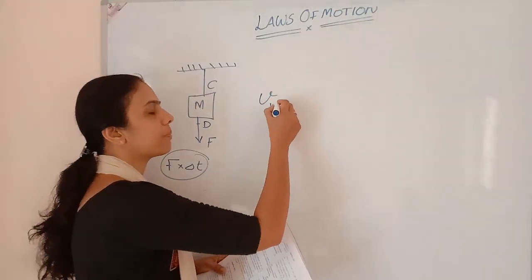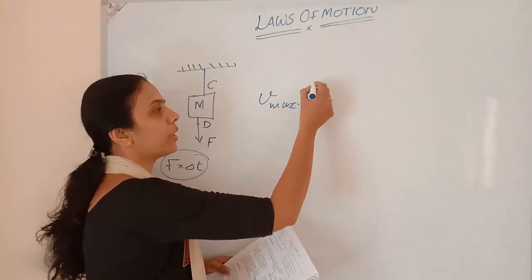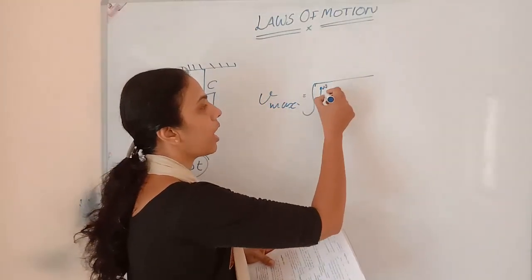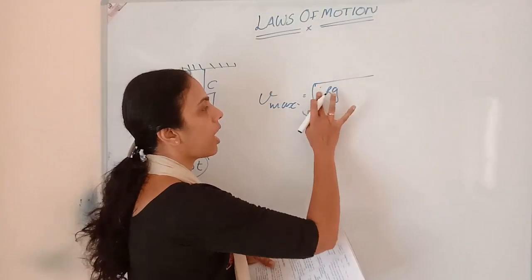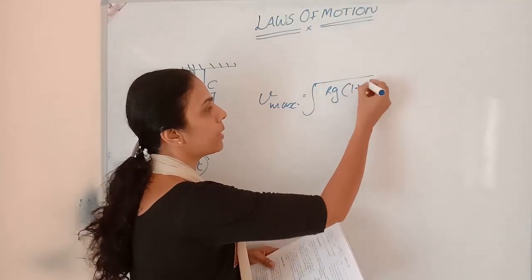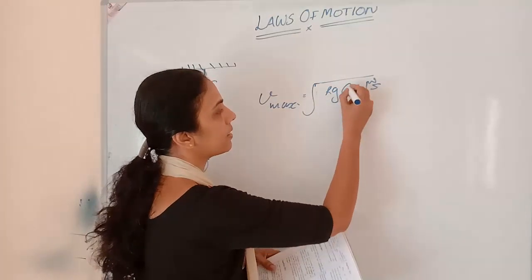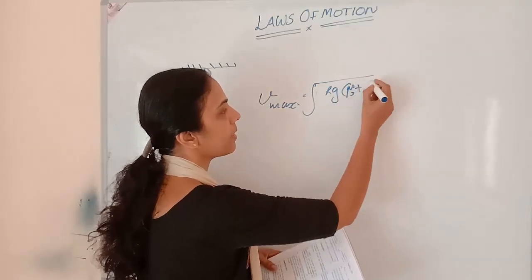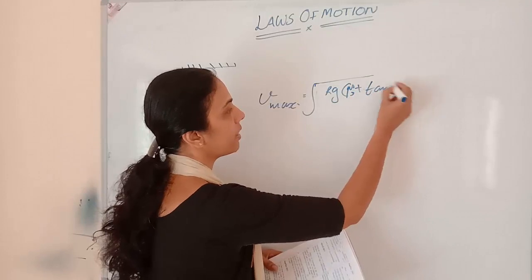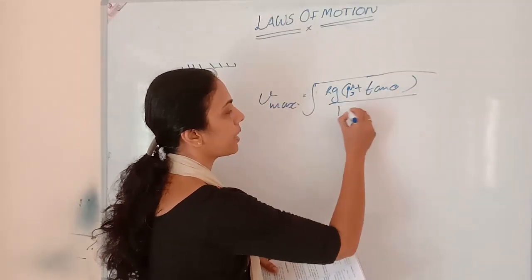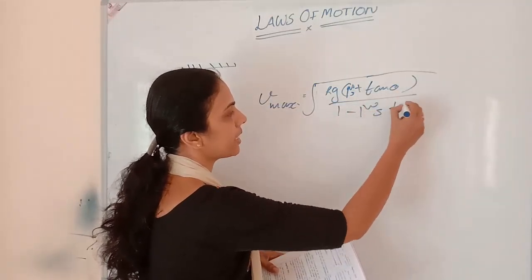Vmax equals, what is the formula? Square root of rg into (mu s plus tan theta) divided by (1 minus mu s tan theta).